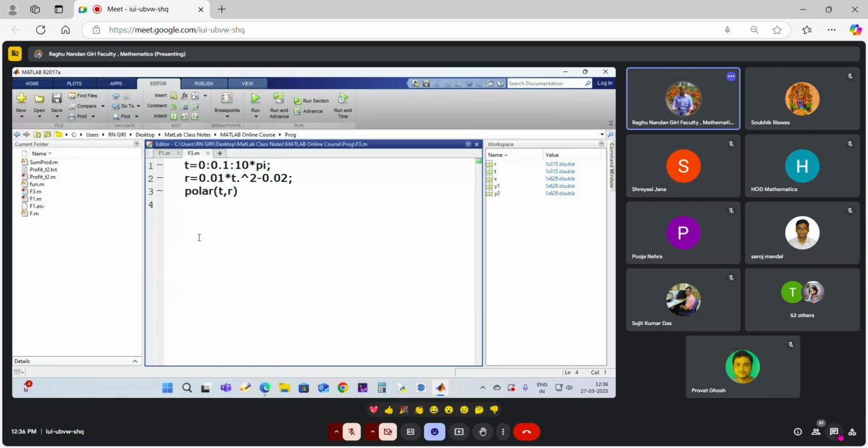Subplot divides the window into cells, and we put each cell as a graph.